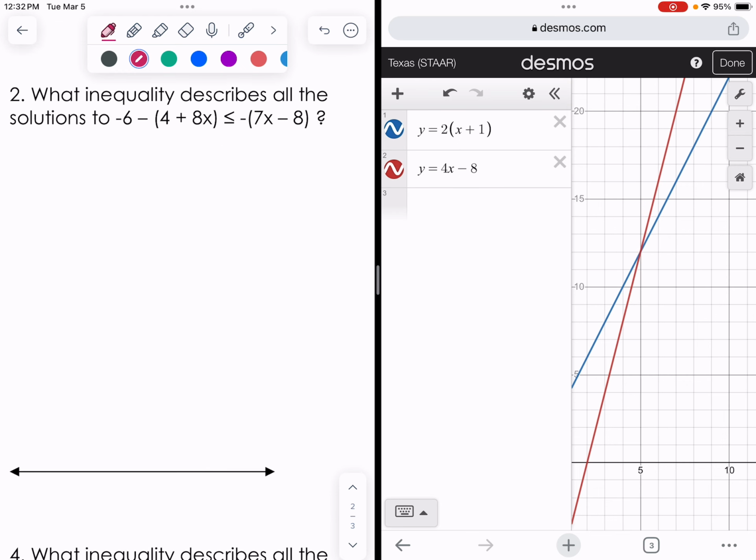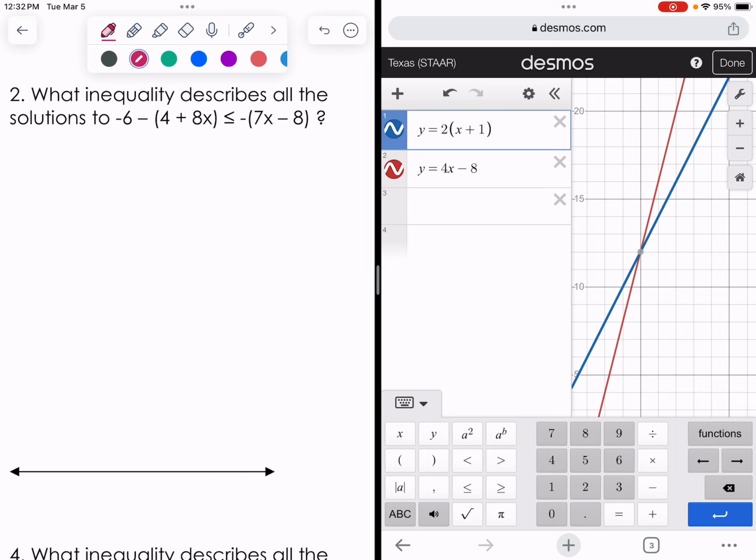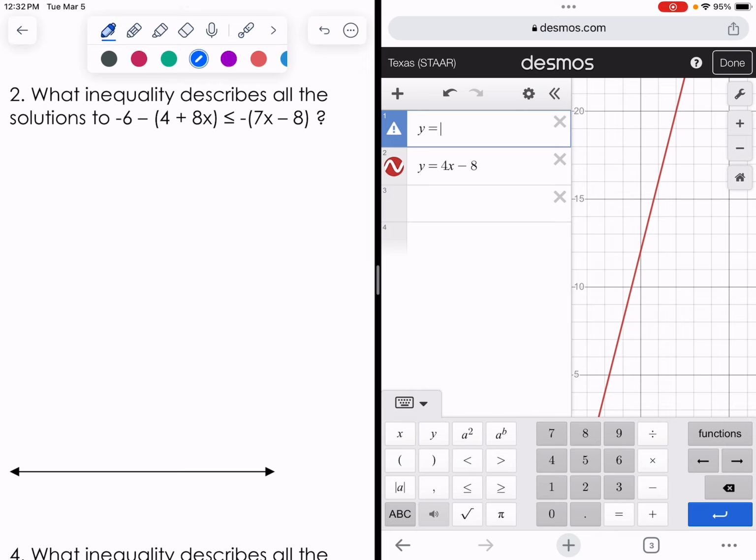It's kind of ugly. So if you want, you can keep the blue and the red and just delete the y equals. So on the left side, I'm going to have y equals -6 minus 4 plus 8x.